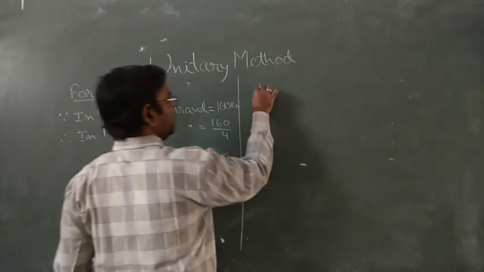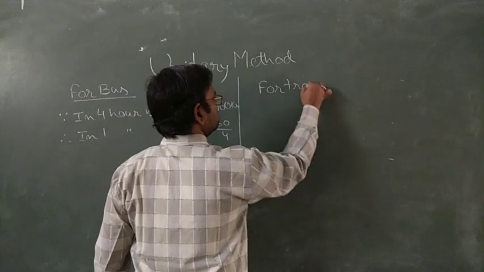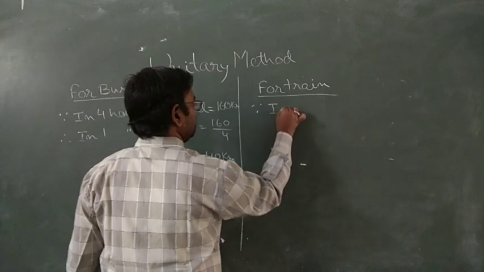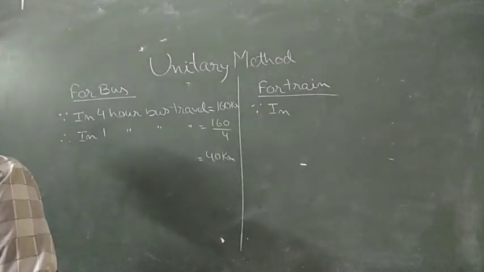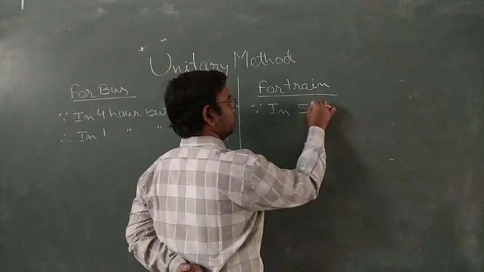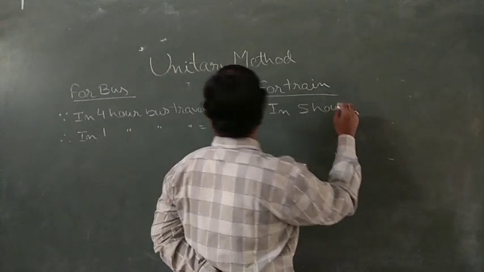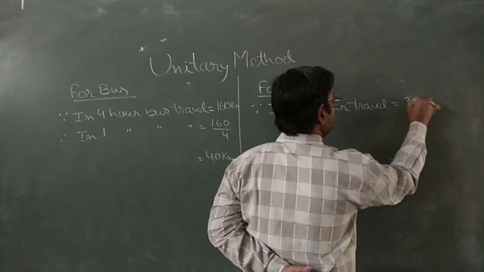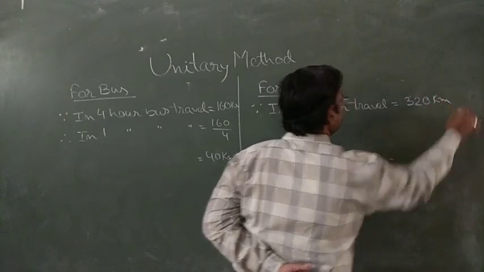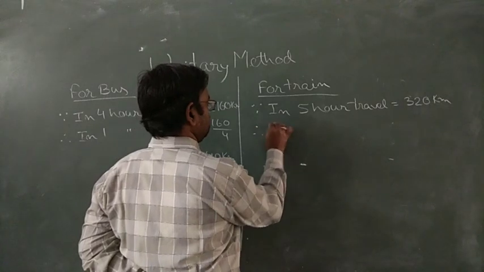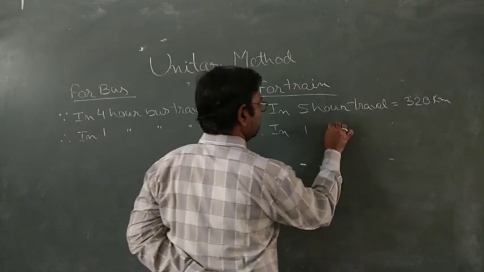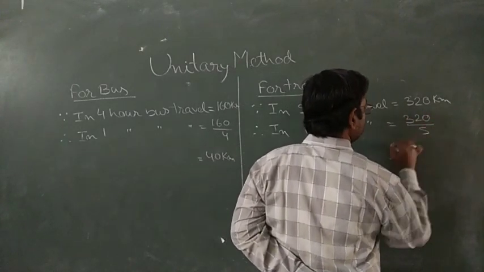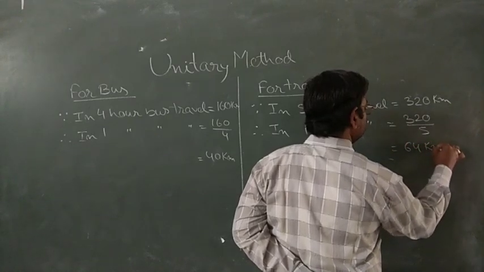What about the train? For the train, since in 5 hours it travels 320 km, therefore in 1 hour it travels 320 upon 5, it's 64 km.